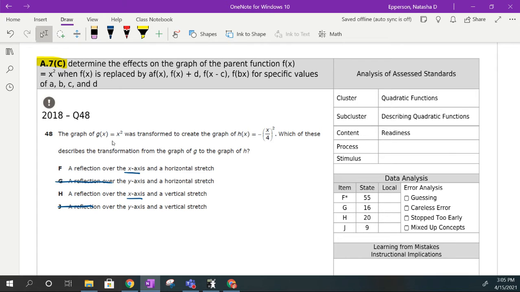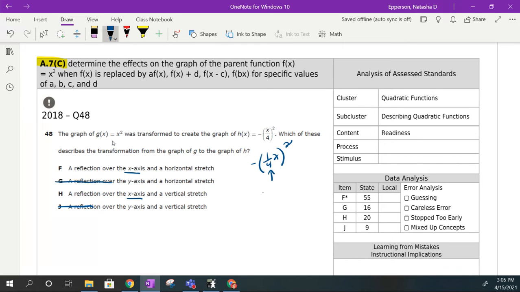All right, now we've got kind of a tricky question. We've got a horizontal stretch versus a vertical stretch. When it's inside the parentheses, we're dealing with the x value, not the a value. We're squaring it. This is essentially saying negative 1/4 x, and then we're squaring it.